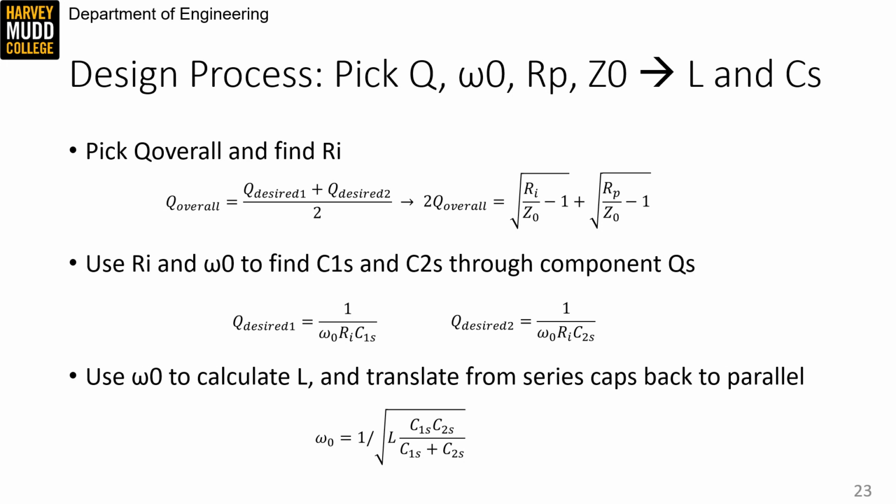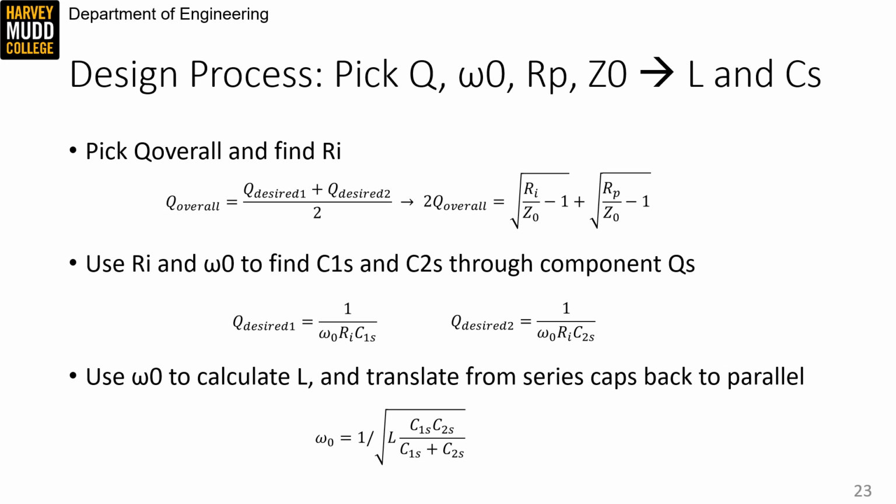And then by substituting in our equations for Q desired into the overall Q formula, we find that Ri is a function of Q overall, which is captured in this relationship. It's a messy function that I'm not going to invert here, but Q overall does uniquely specify Ri, which means that we can go from the Q we picked to an Ri value.